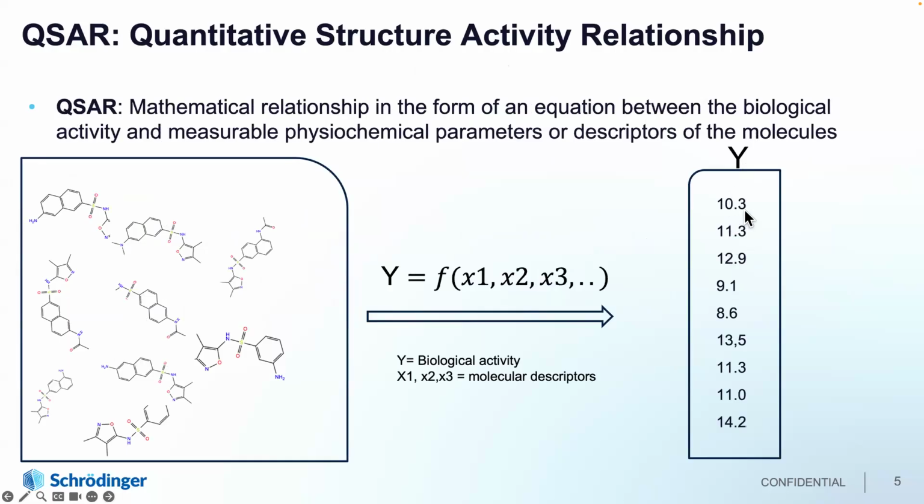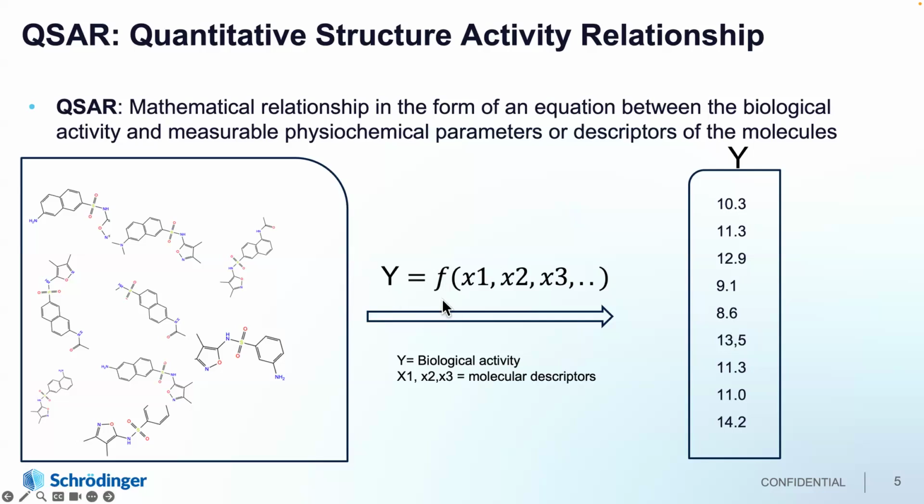It could be Ki, Kd, numerical, or categorical: active, non-active, moderately active. But we know the response of all those compounds. For this compound, maybe the IC50 value is 10.3, for this compound it is this one. So for all those compounds, I know the activity data.